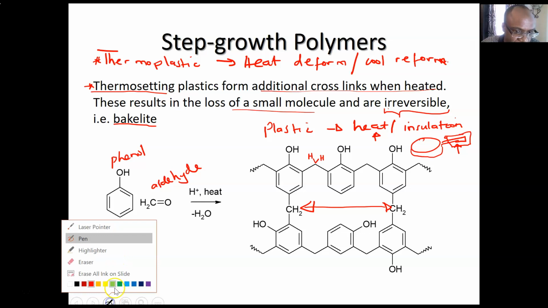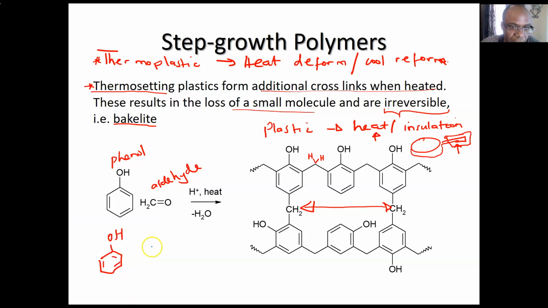If you are adding an aldehyde, which has a CH, that's an aldehyde. So the shortcut is to lose a small molecule. In this case, the small molecule obviously will be water molecules.